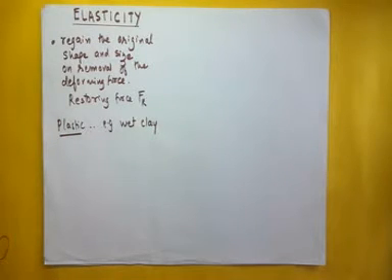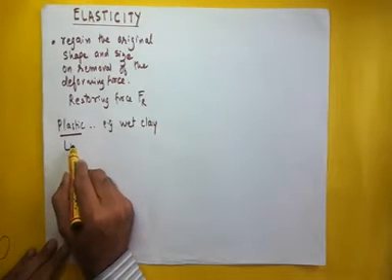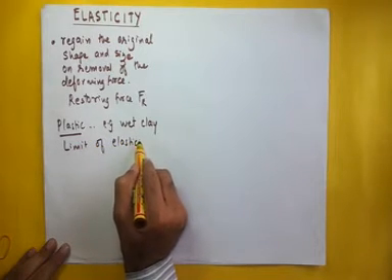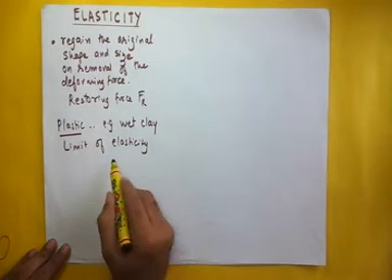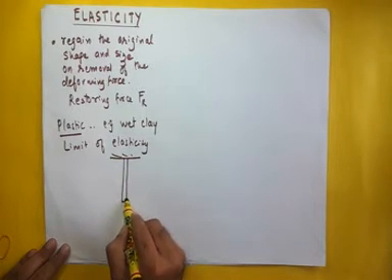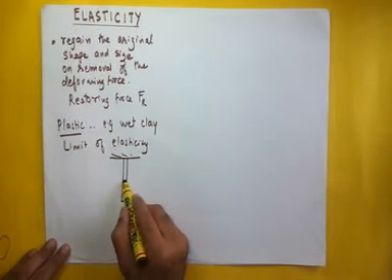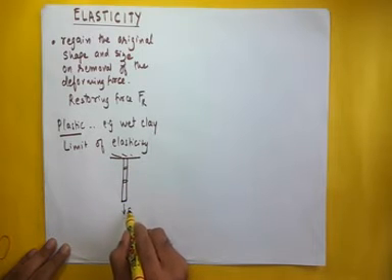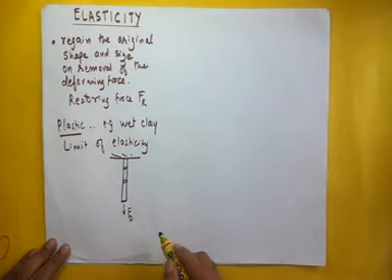So we have just got an introduction to elasticity, and now I will talk about something known as limit of elasticity. Let us say we have a thin rod of some particular metal. These are the various cross sections of this rod, and let us say I am applying a deforming force, Fd.